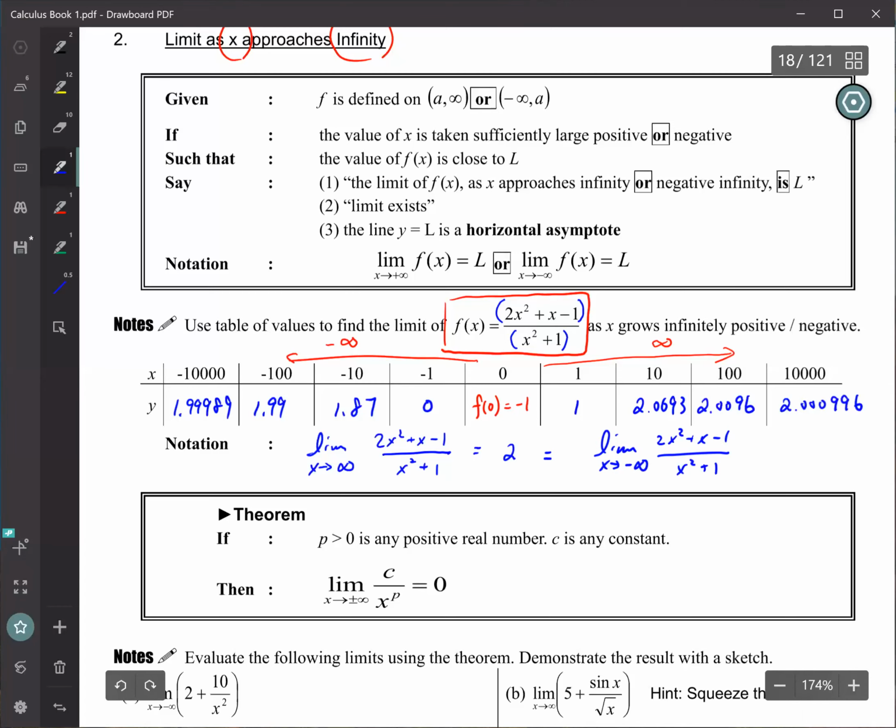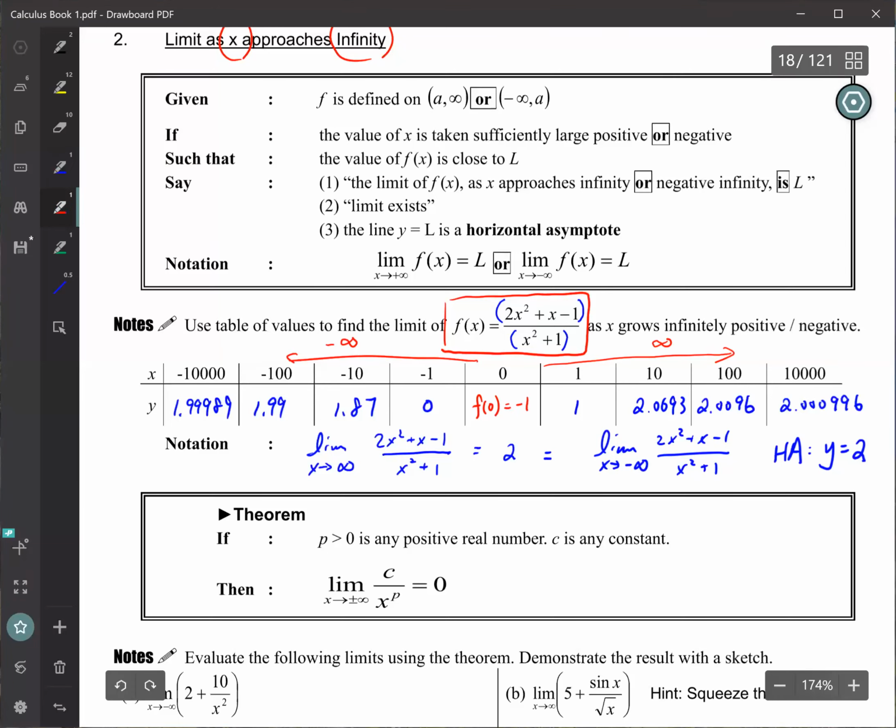So when that happens, you can say there's a horizontal asymptote at y equals 2. Remember, an asymptote is a place that's empty, right? So the y value will never equal 2, but it's a space that the graph is getting close to.